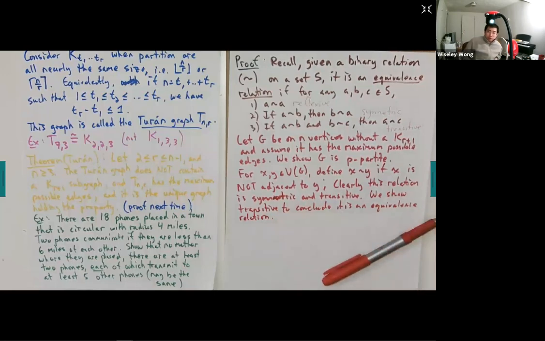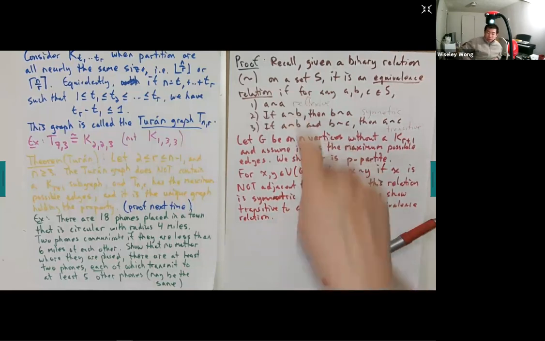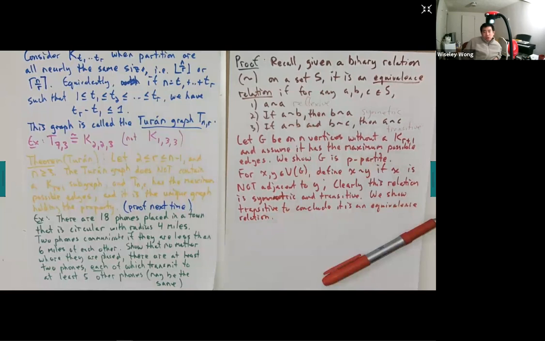This graph is simple, so there are no loops. Obviously x is not adjacent to itself. For the second condition, if I tell you A is not adjacent to B, then there's no edge between them, so obviously B is not adjacent to A. So the first two conditions are very simple to follow.